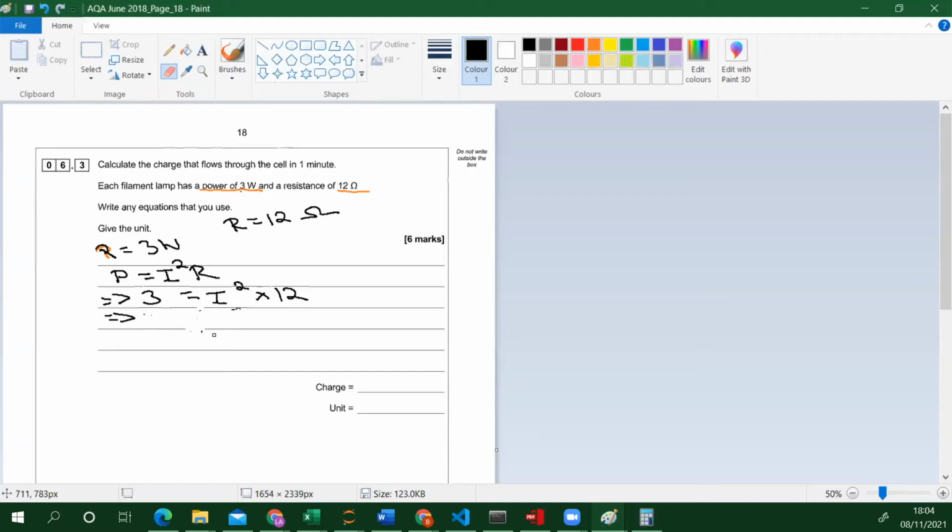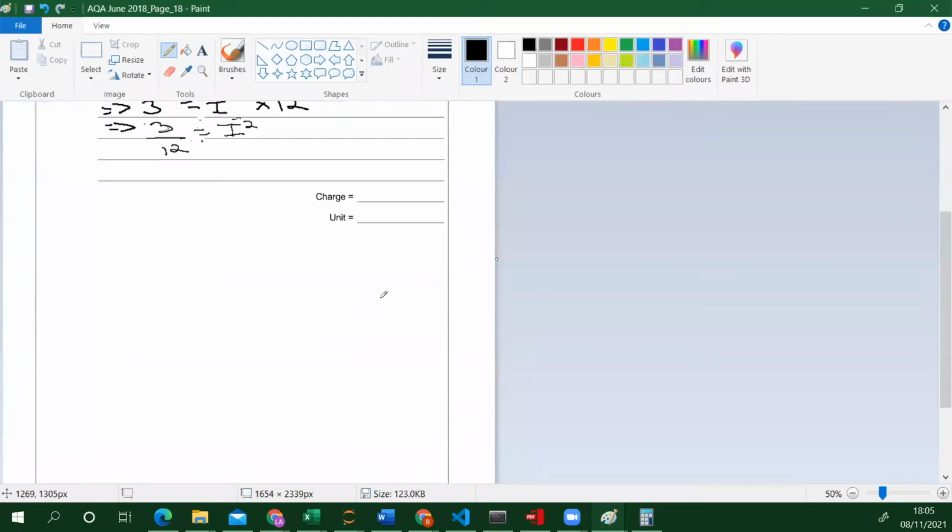Let me go back to my pen. Right, let's do it bit by bit. We want to get I on its own, so we divide both sides by 12. So 3 over 12 is equal to I squared.